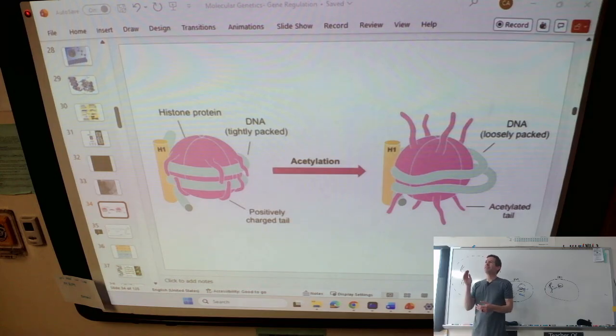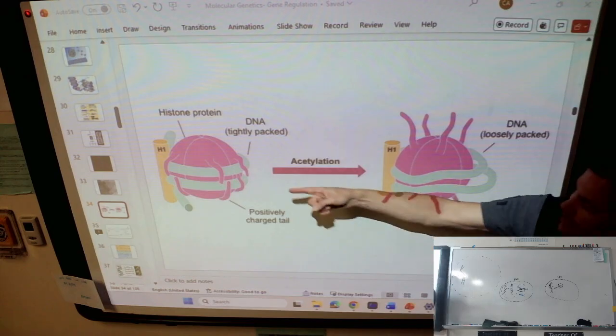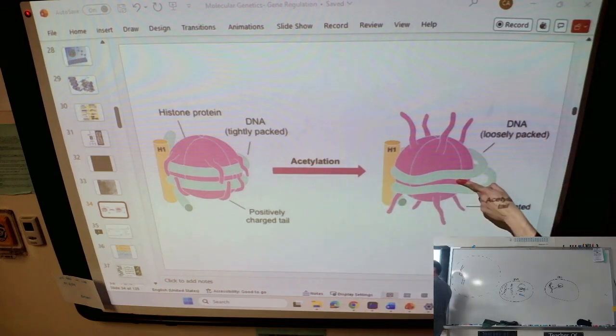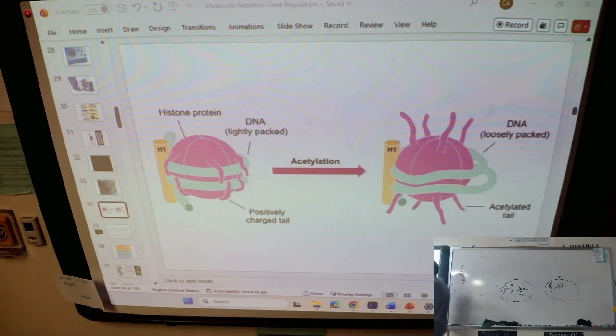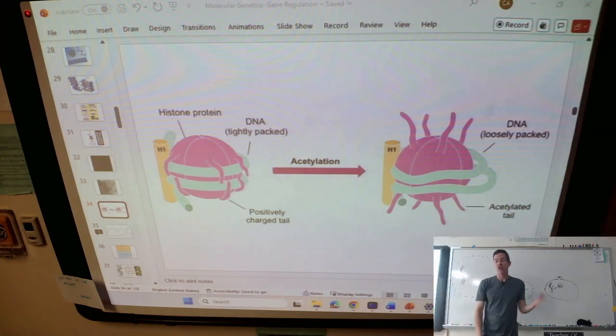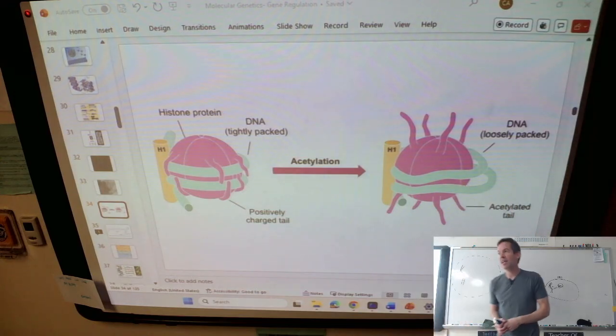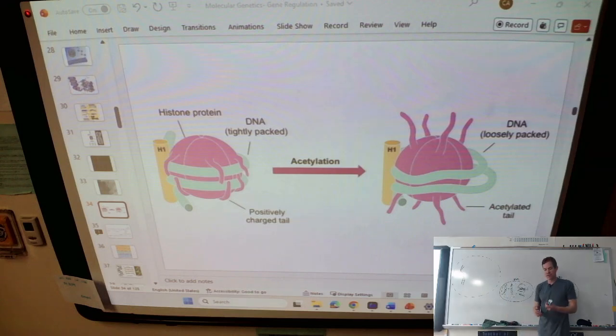So if I add acetyl groups to histones, am I more turning genes on or turning genes off? On. Because when I add acetyl groups, they let go of each other, so this DNA is now more in the on position. When I add methyl groups to promoters of DNA, is that DNA more on or off?